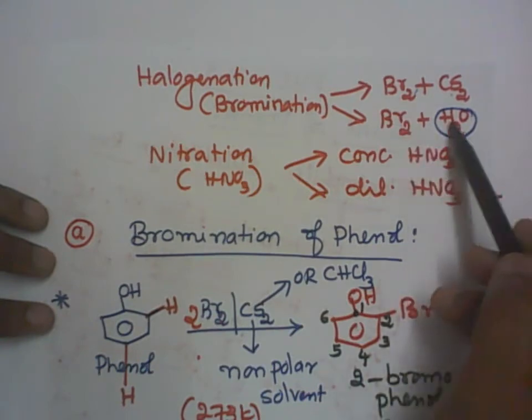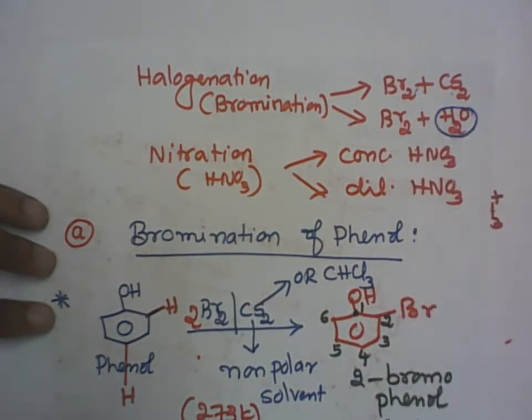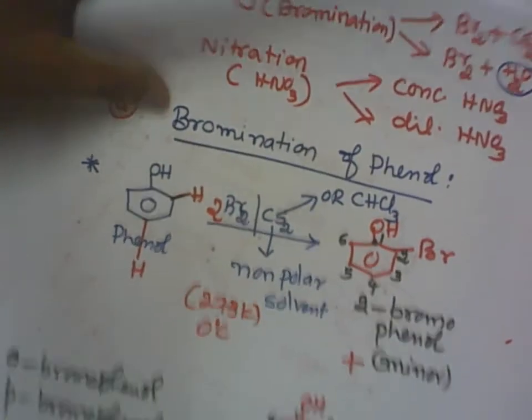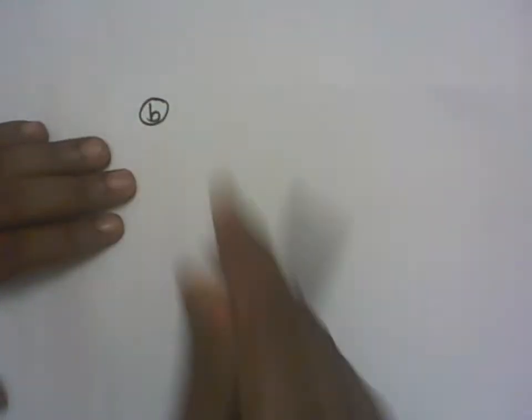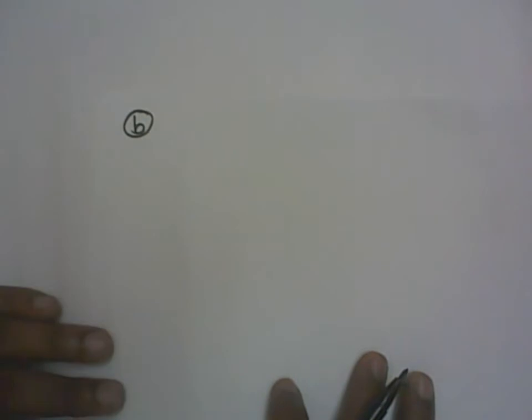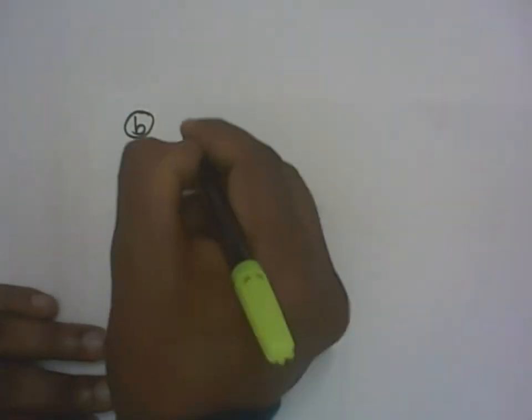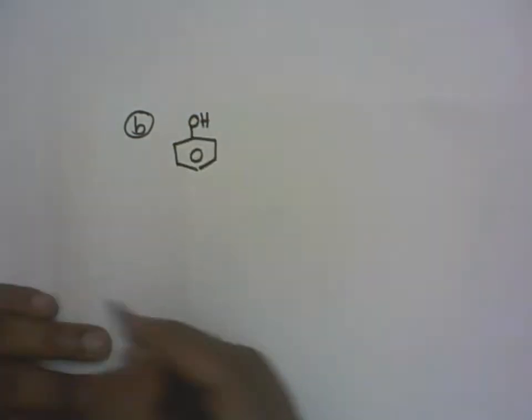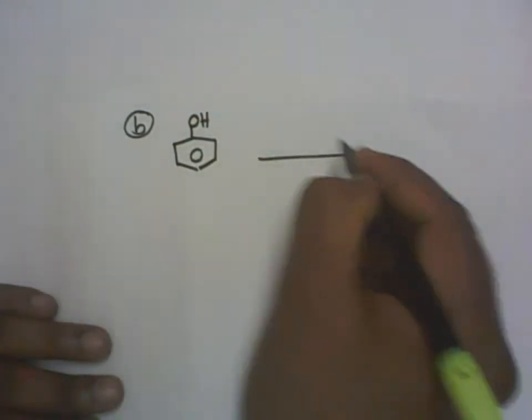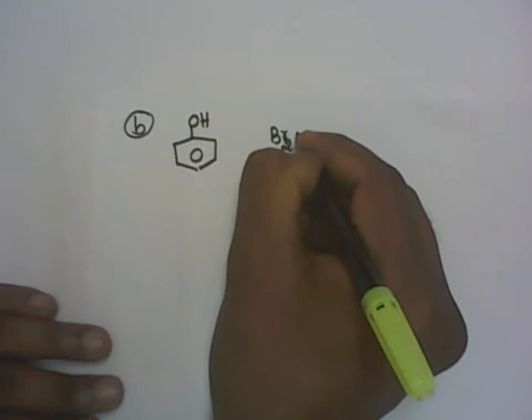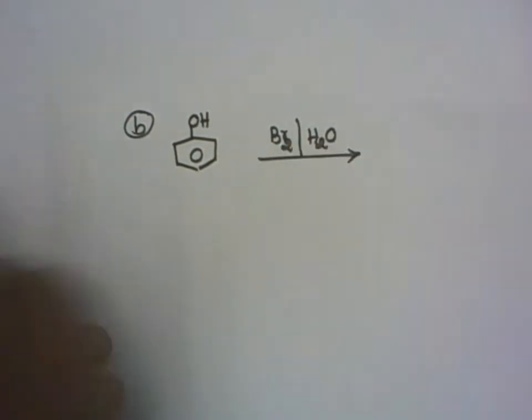So we'll go for bromine in water. The second set of reaction is bromination using water. Phenol, benzene ring attached to the OH. Now we'll make use of liquid bromine dissolved in water.